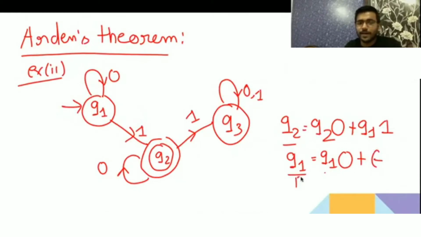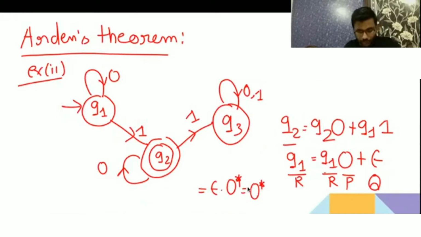So it is already in the form R equal to Rp plus Q, which gives Qp star. Here Q is epsilon and P is 0, so it is 0 star. Now Q2 is equal to Q2 0 plus Q1 1.